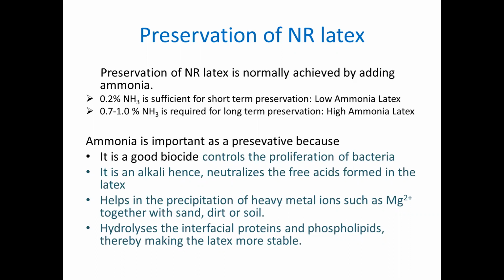So we add ammonia as a short-term or long-term preservative so that formation of acidic constituents will be minimized. And also, ammonia has another benefit, that is because ammonia is a bactericide and biocide. So this controls the proliferation of bacteria.